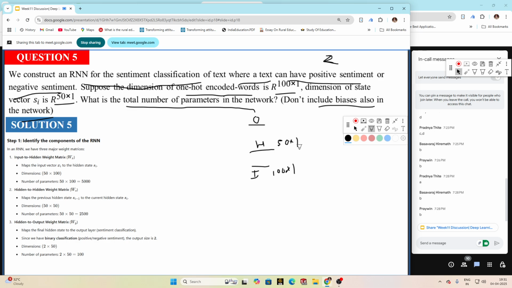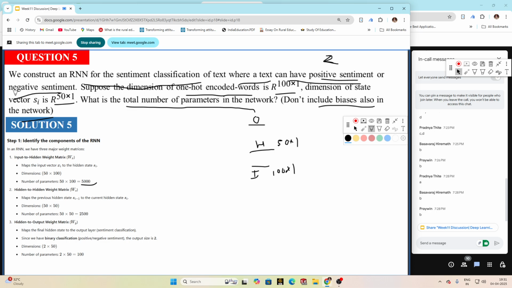So how many parameters? 100 into 50, that is 5000 parameters between the input and the hidden state. Now the output, I have told you there are two classes.